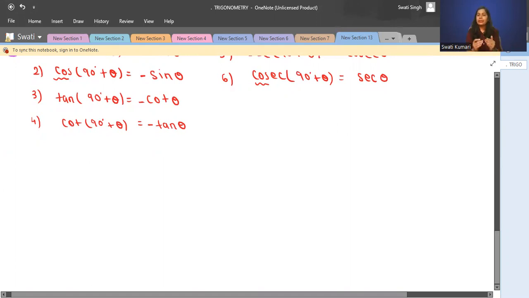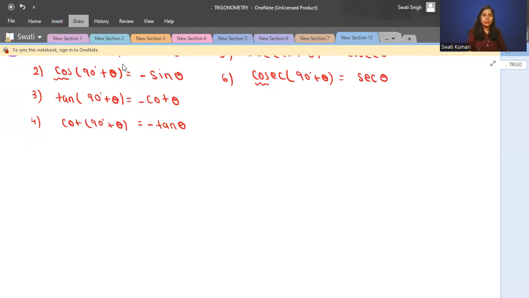When you have 90 degree, there is a replacement. When you deal with 180 degree, either minus or plus, the trigonometric function is going to be the same. If you have, suppose, sine of 180 degree minus theta or even 180 degree plus theta, the answer will be in sine theta only. What you need to worry about is the sign. That's it.